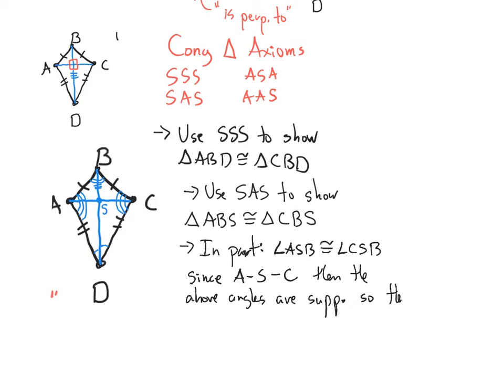So, therefore, they are 90 degrees in measure. So, in some sense, we've done it. We've determined that our angles here are 90 degrees. That means that our lines are perpendicular. We just have to write it up in a nice proof to make sure that everybody can follow our reasoning. So that's our next step.